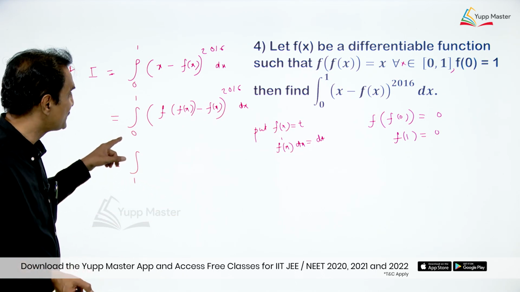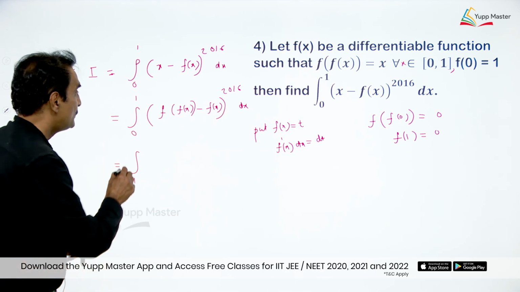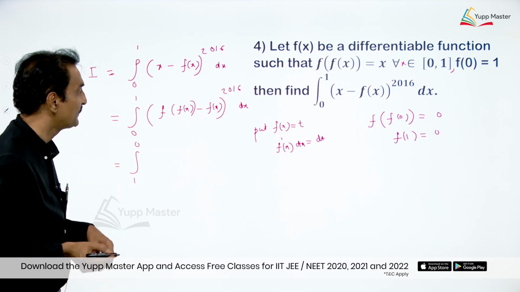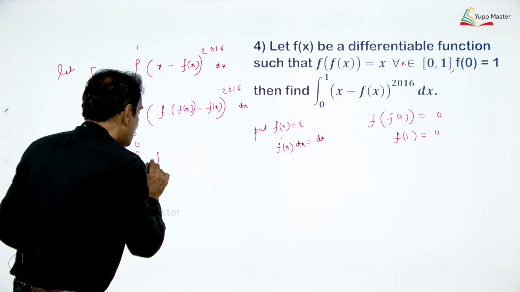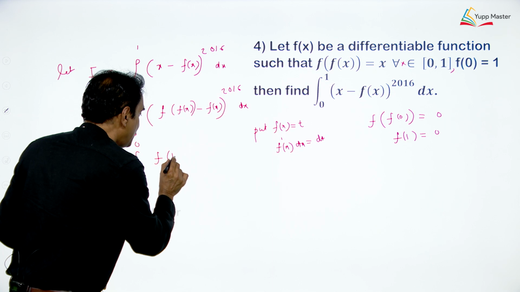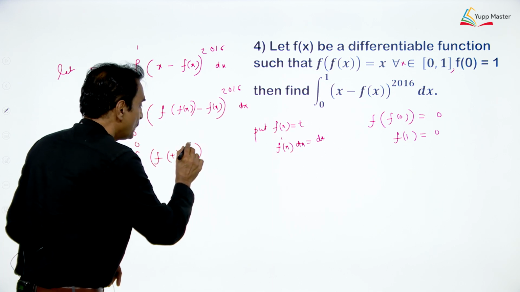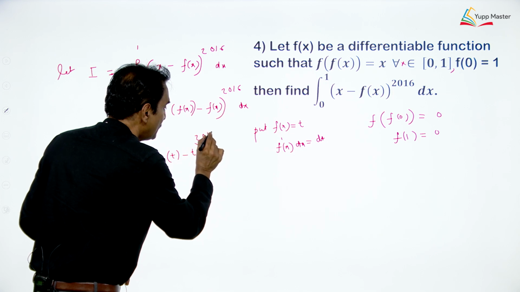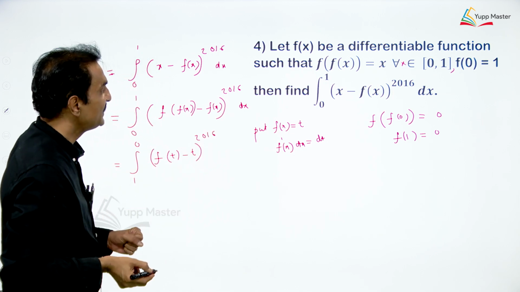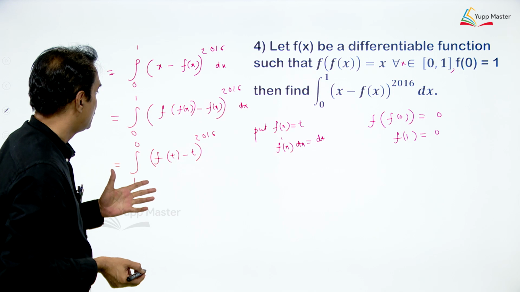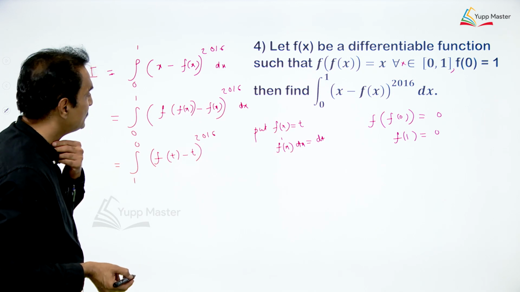So, what will be the limits? 1 to 0. This is f of t minus t whole power 2016 into dx.